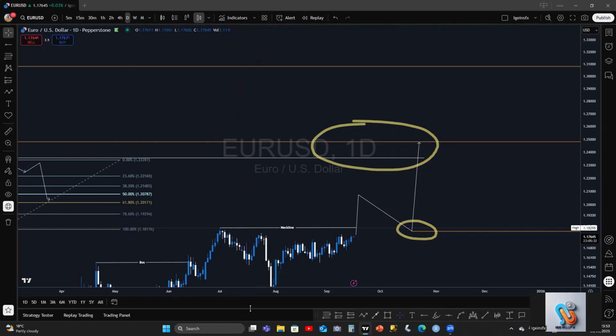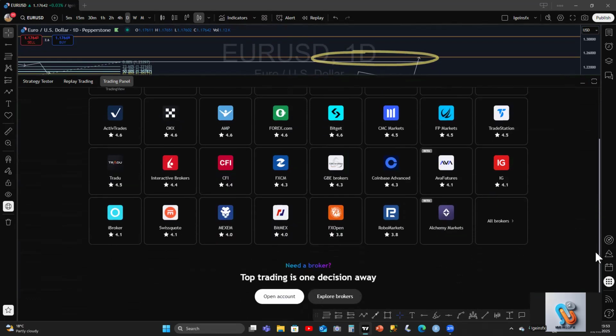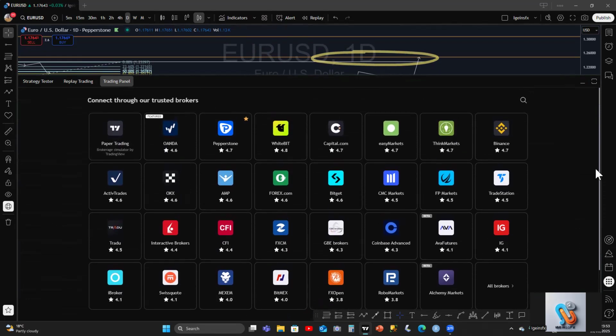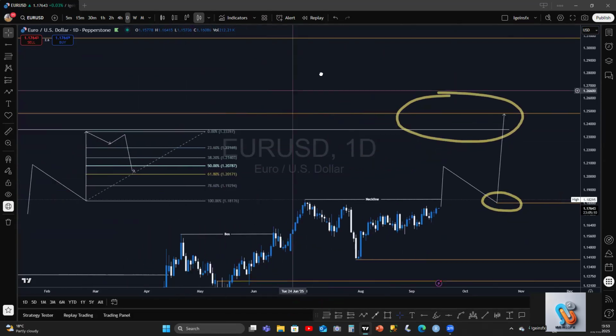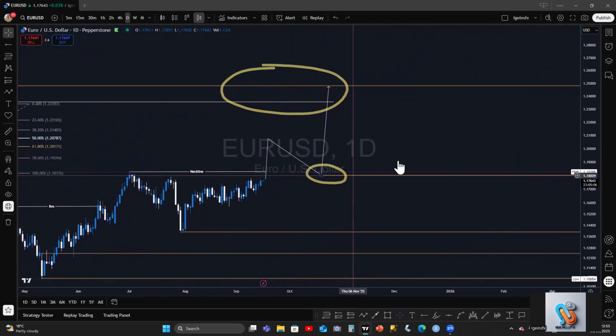There are so many. Choose any one, open an account with them so that you can link your TradingView to them, and they will give you a demo account.